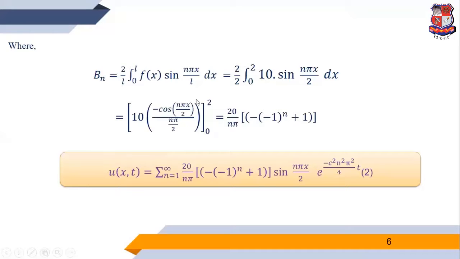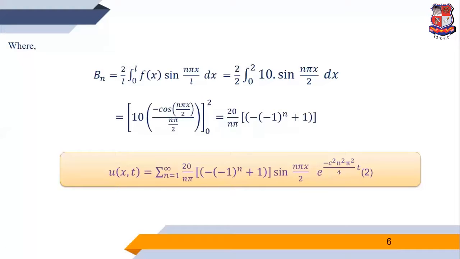So 10, and the integration of sine(n pi x by 2) is nothing but minus cos(n pi x by 2) divided by n pi by 2. Here the integration limit is 0 to 2.